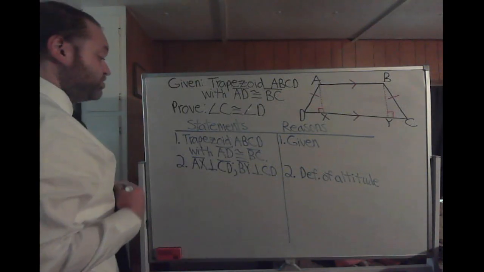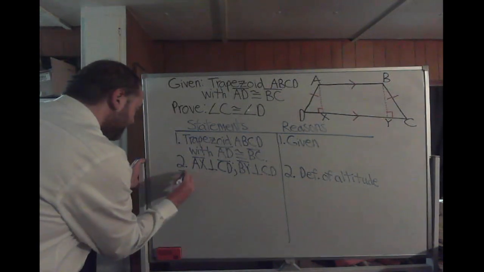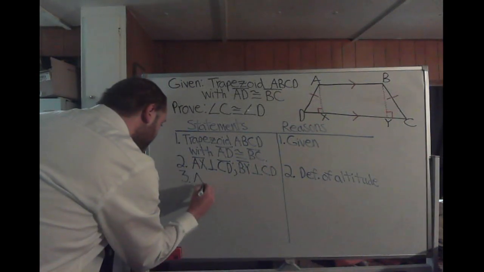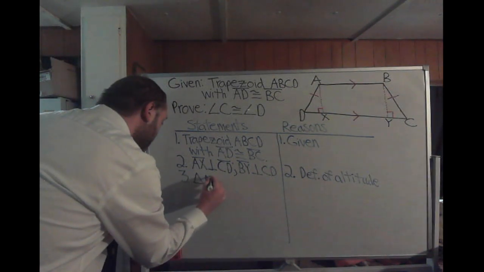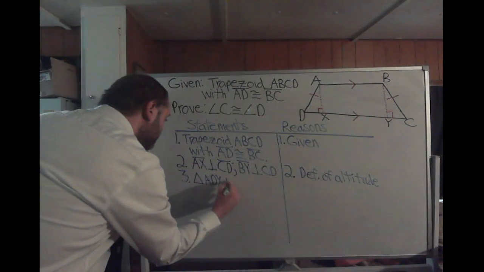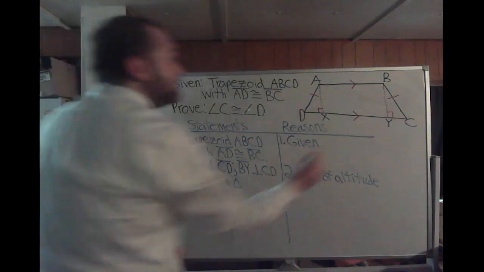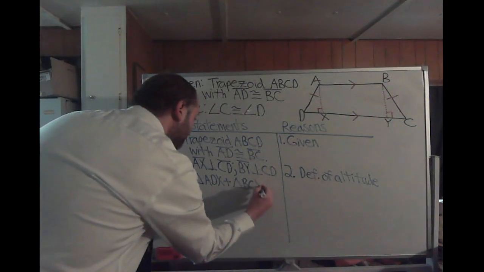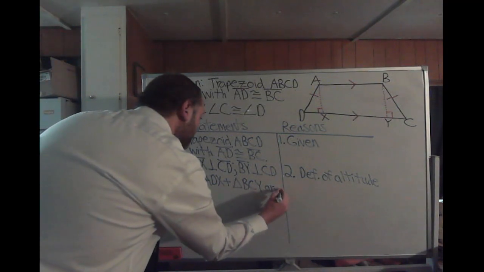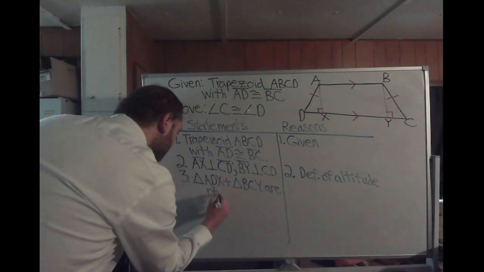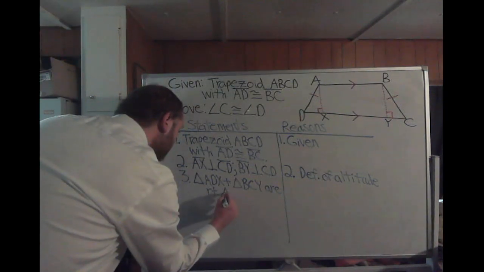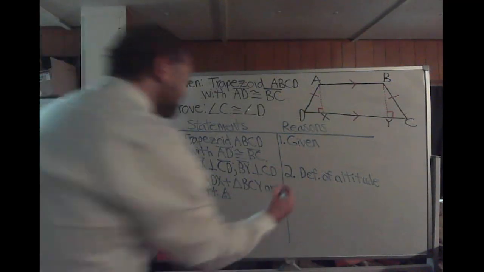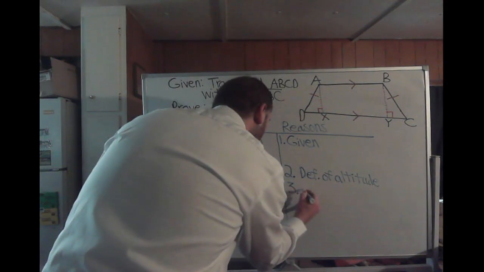Now, on the third step, we can say that triangle ADX and triangle BCY are right triangles. We can now say triangles ADX and BCY are right triangles simply by the definition of right triangle.